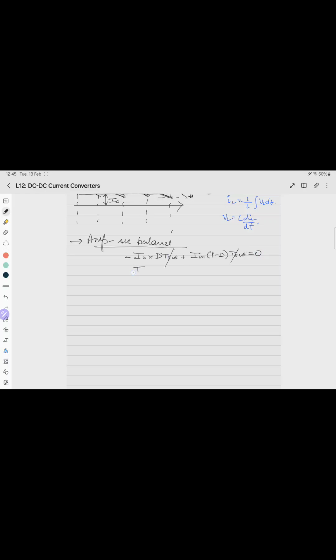So I naught D is I in into 1 minus D. Therefore M of D, which is I naught by I in, is 1 minus D by D. So what is it? It is a buck boost current converter.